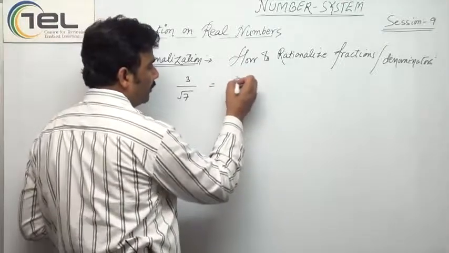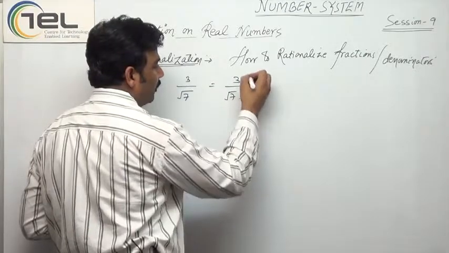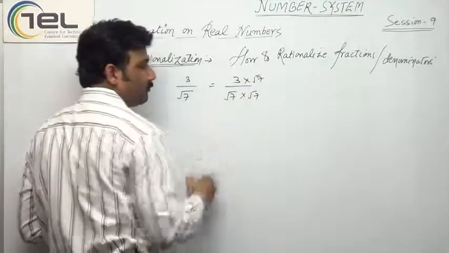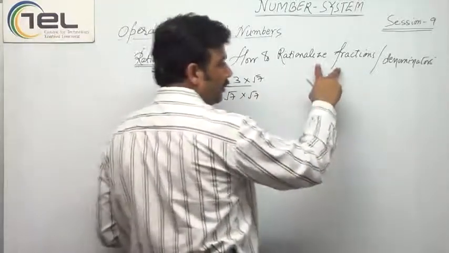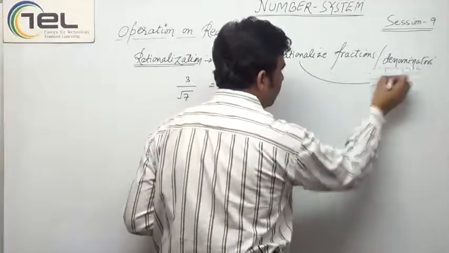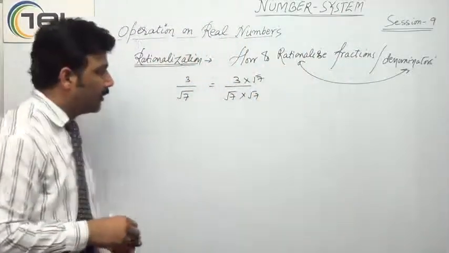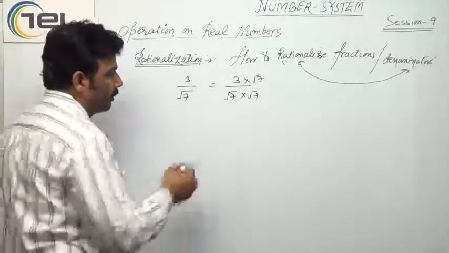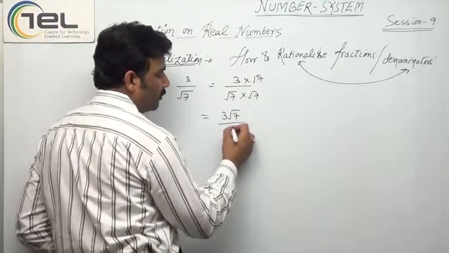Now we can do it like this: 3 over root 7 into root 7 over root 7. We just rationalize the denominator. In rationalization of fractions, we normally rationalize the denominators. How? It will be 3 root 7 upon 7.